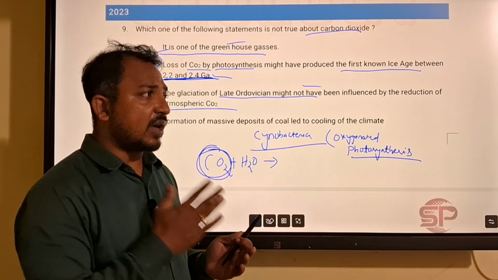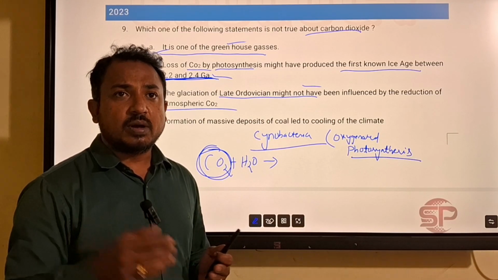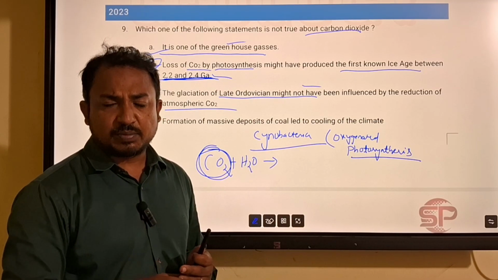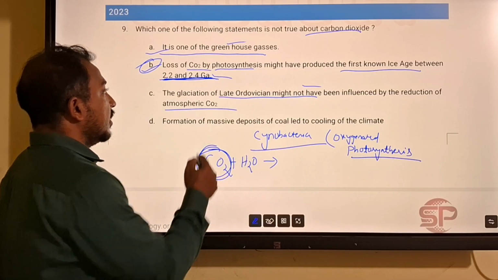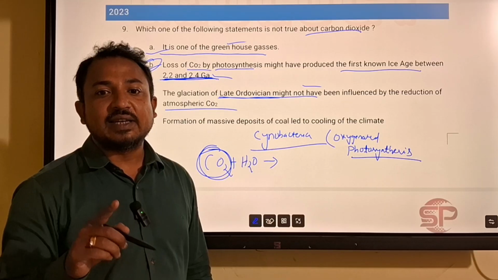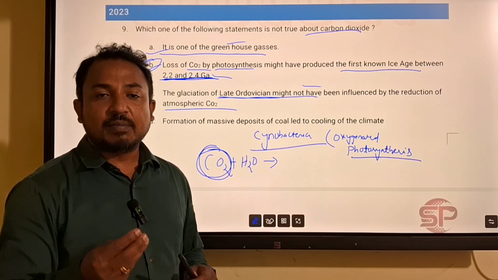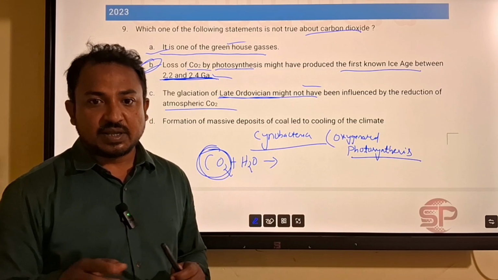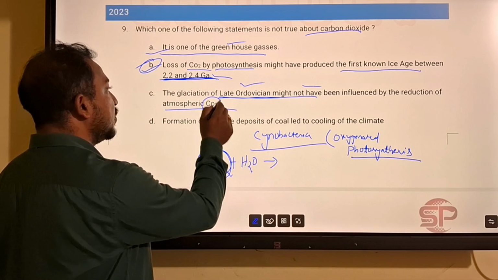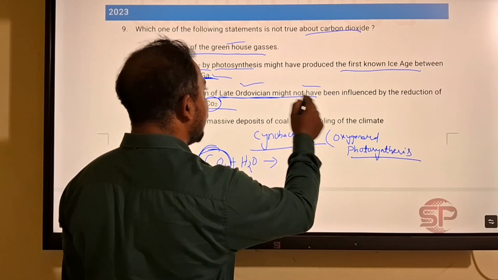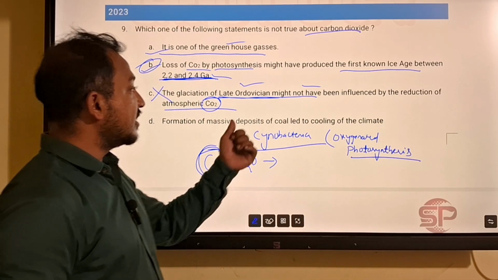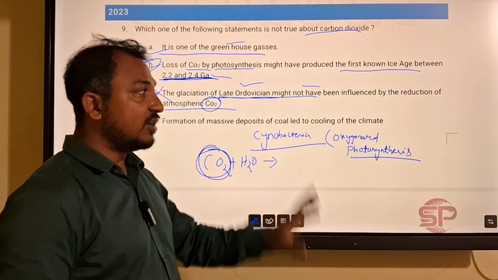During chemical weathering, the carbon is used in the carbonation process. So during the late Ordovician, because of high silicate weathering, the carbon percentage within the atmosphere decreased. That caused the late Ordovician glaciation. So CO2 reduction influenced the late Ordovician glaciation. So the statement will be incorrect, since it says not influenced, but it is influenced.